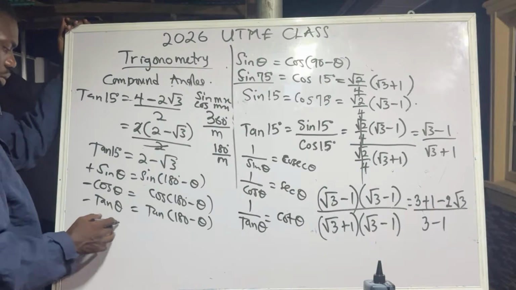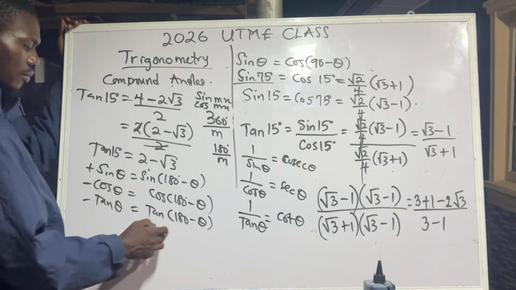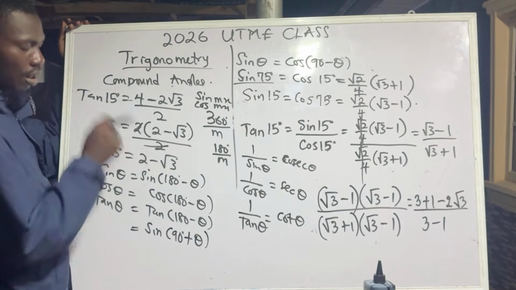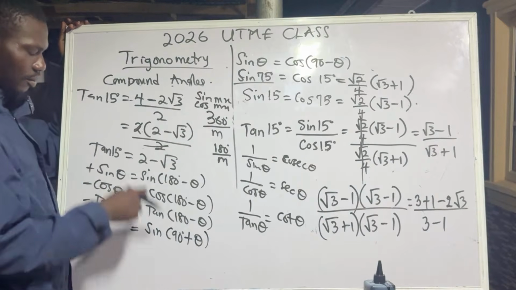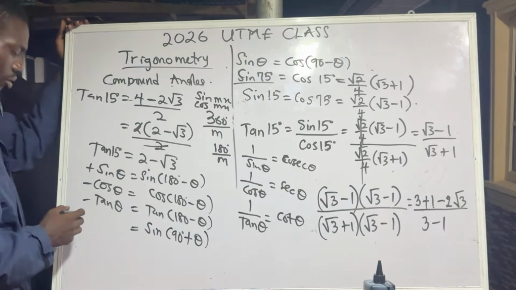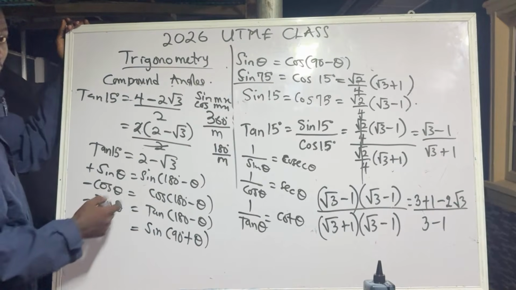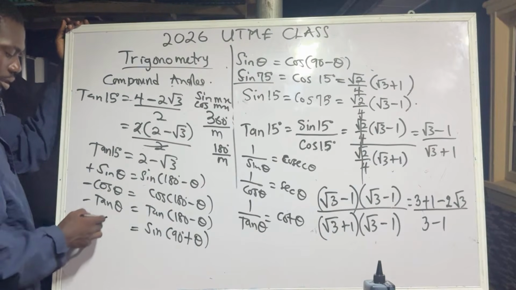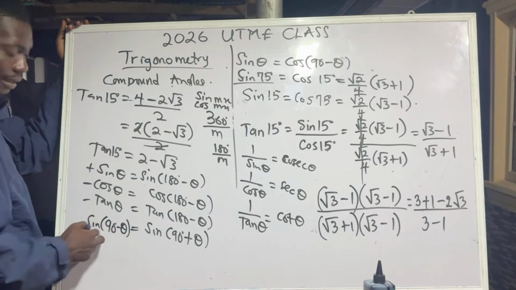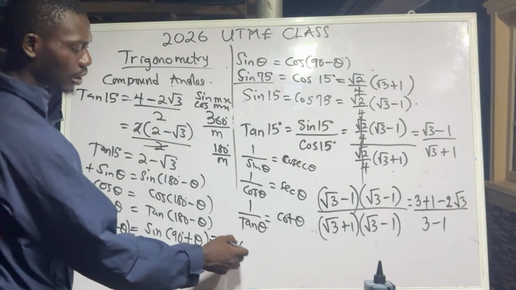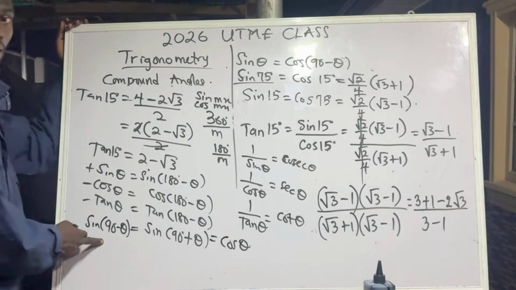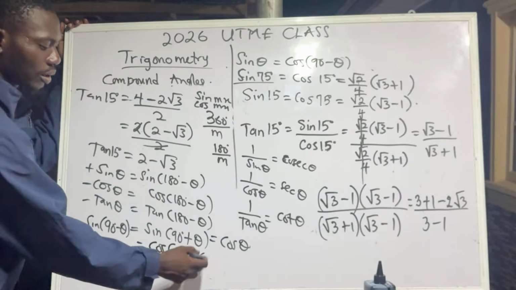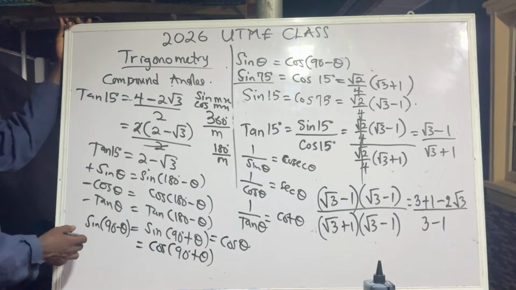Yes, I want to talk about sine 90 plus theta. Sine 90 plus theta is equal to what? Sine 90 minus theta. And sine 90 minus theta is equal to cos theta, because this one is a complement. Okay? And also if you have cos 90 plus theta, it is equal to what?